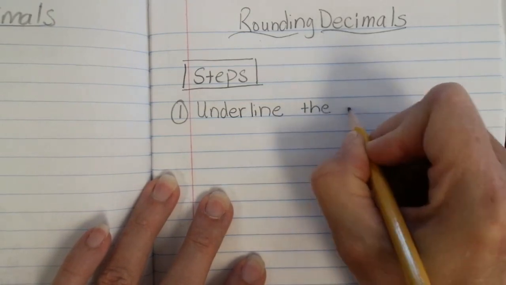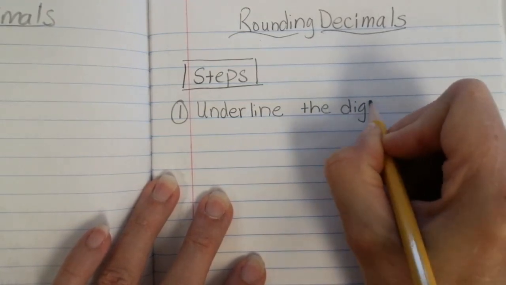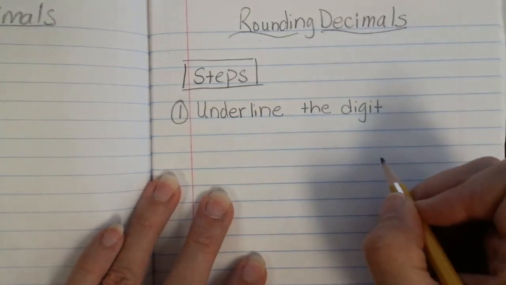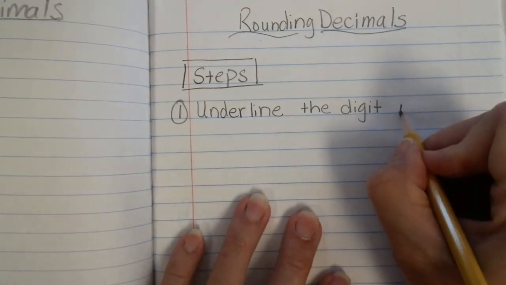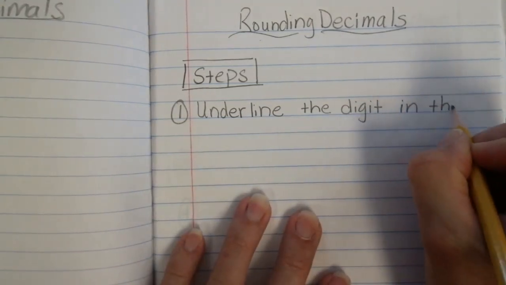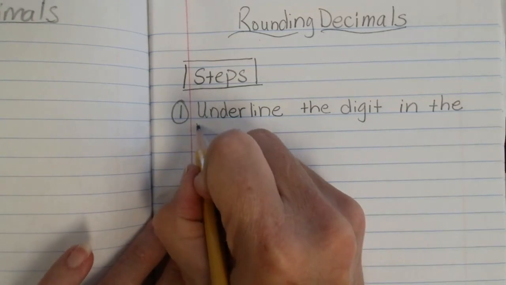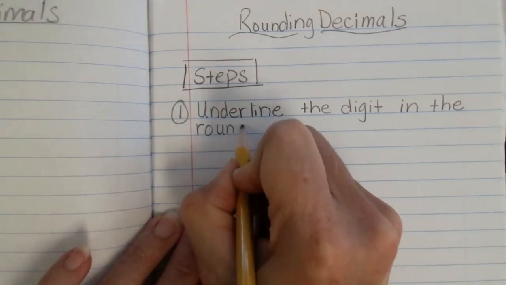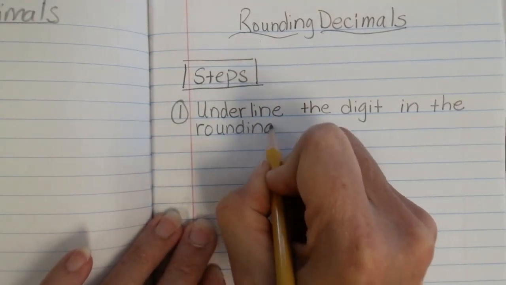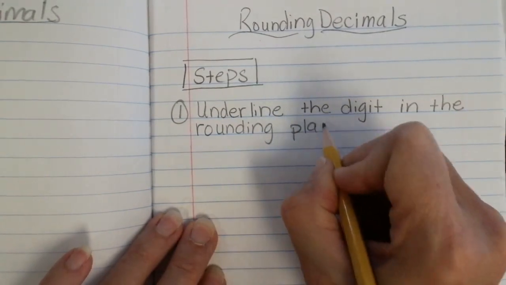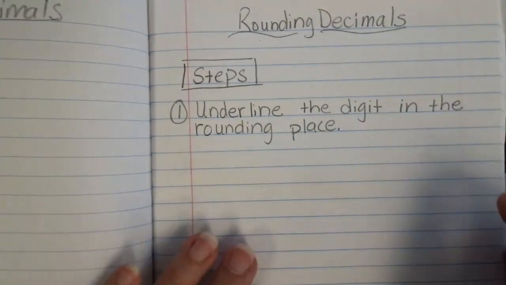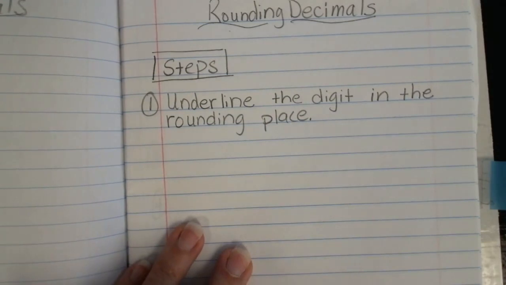Underline the digit in the rounding place. So we're going to underline the digit in the rounding place.